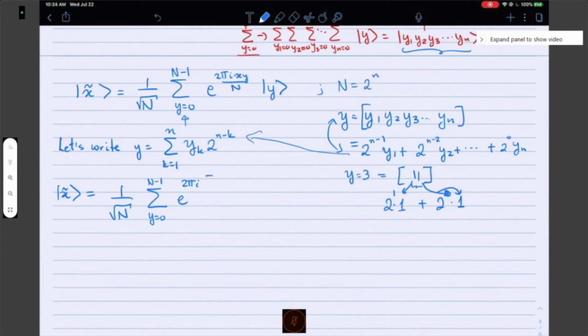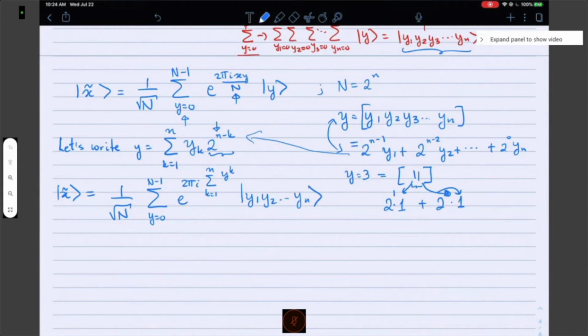So sum from k equals 1 up to n, yk, that's the power that we have here, 2 to the power of n minus k. There's an N at the bottom here. There's an N at the top here. So those two cancel out. So you're left simply with a yk here. And you have this expression y1, y2 going up to yn for y.